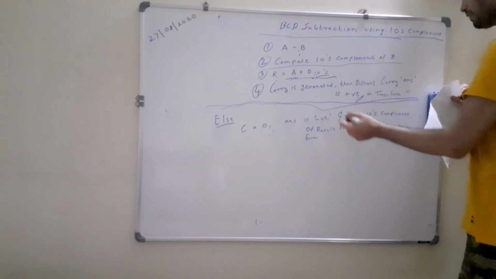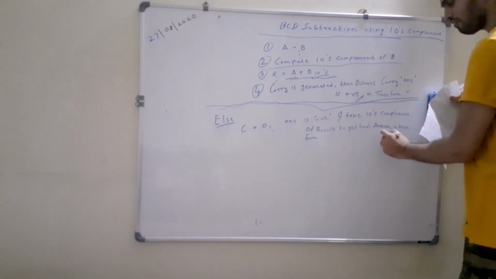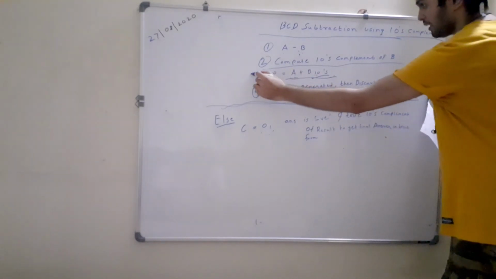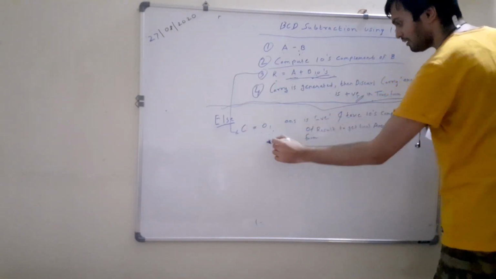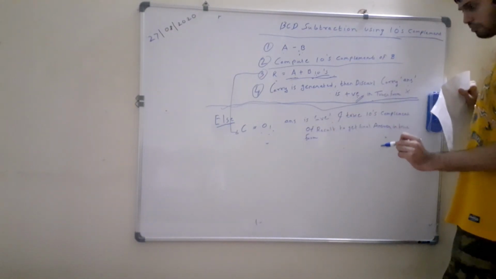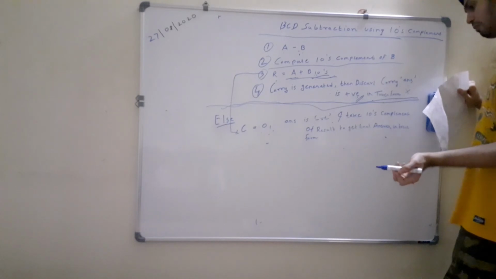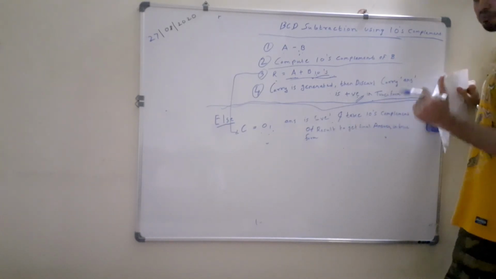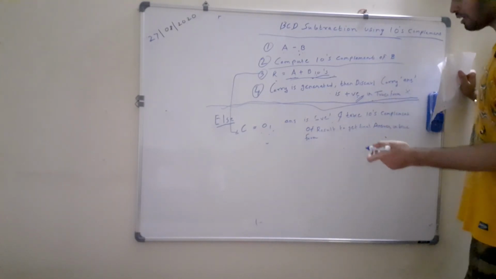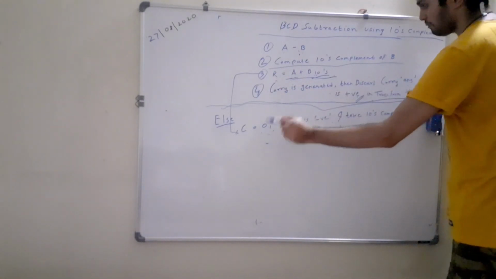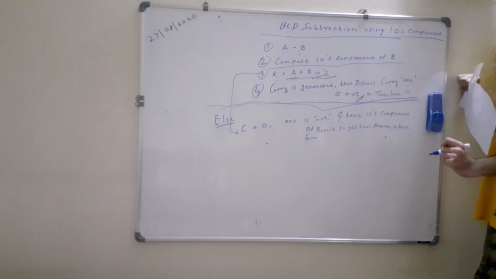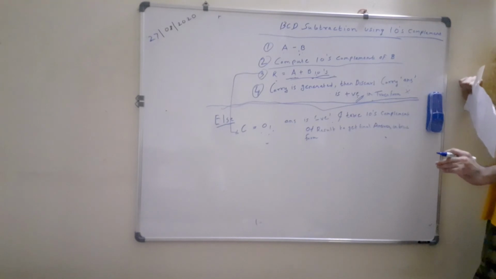So in case in step 3 carry is not generated, then the answer is negative and is in tens complement form. So in order to obtain the answer back in true form, we again take the tens complement of the result which we obtained in step 3. So these are the steps to compute BCD subtraction using the tens complement method. Now I will take an example.